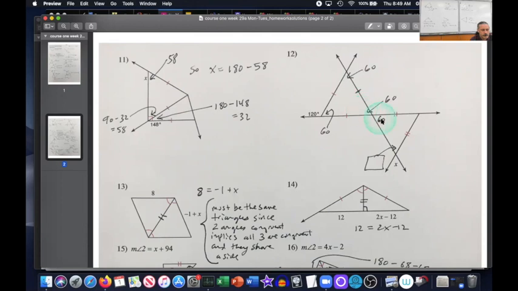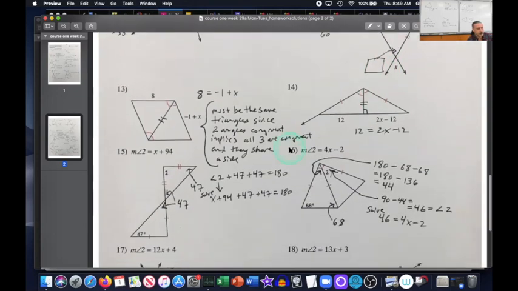And then you can use the vertical angle over here to get the 60, which means that has to be 60 because, again, isosceles. And then now you find the value of x. And I just put a box there because I wanted you to figure out that that was 62. I just did write 60.